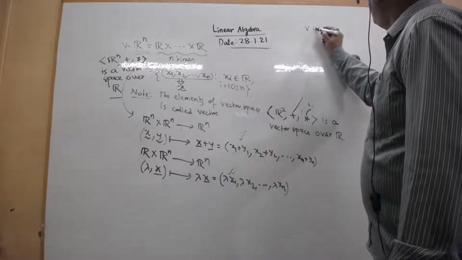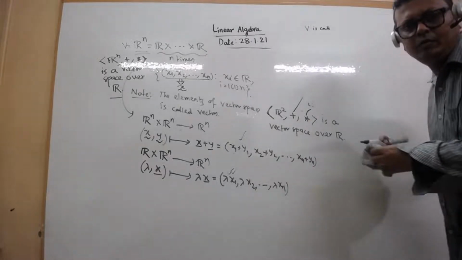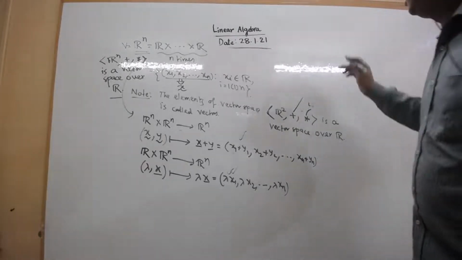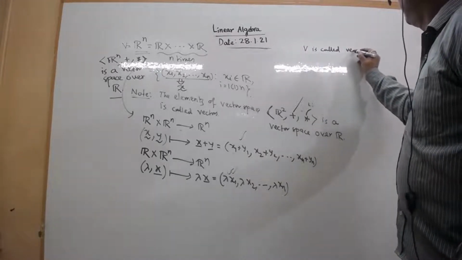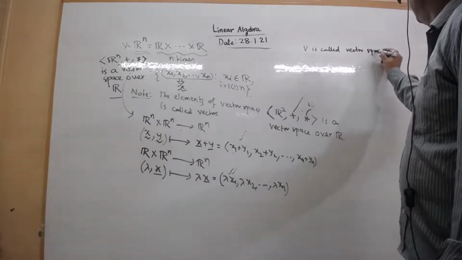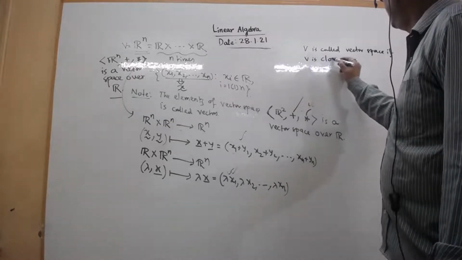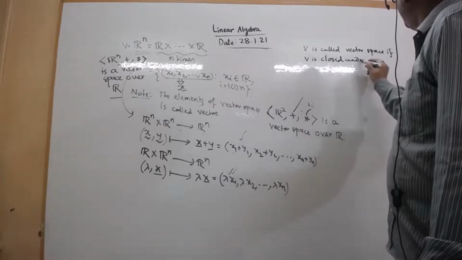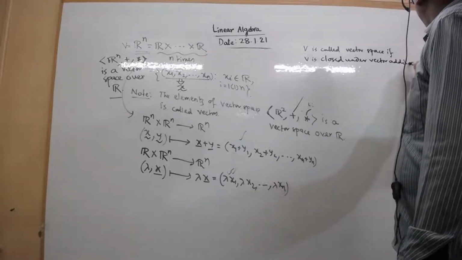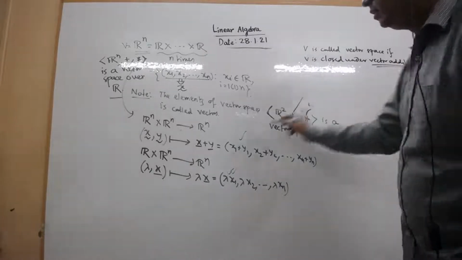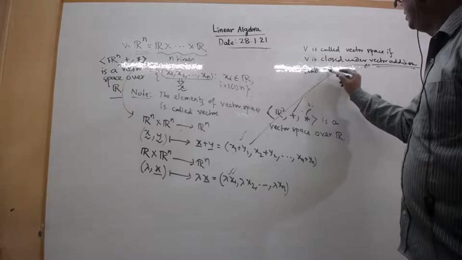V is called a vector space if V is closed under vector addition, and this vector addition means this, and under scalar multiplication.